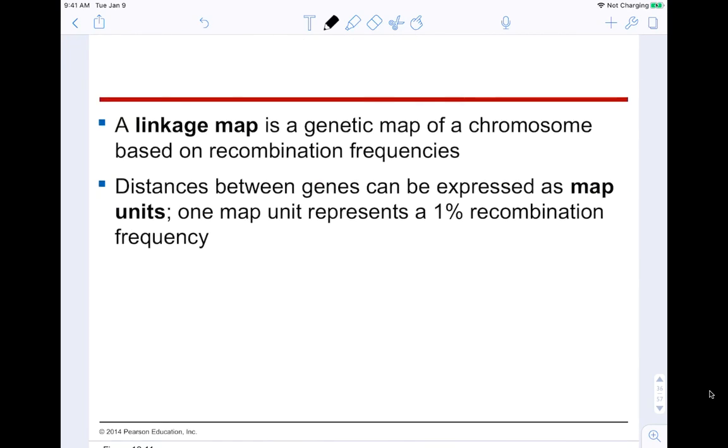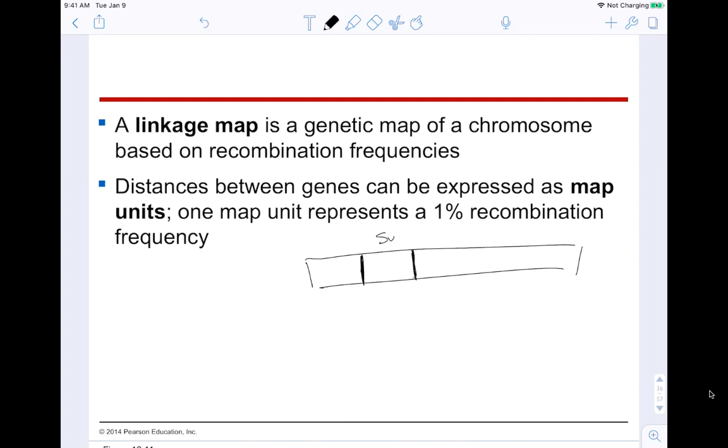Okay, a linkage map is a genetic map of a chromosome based on recombination frequencies, like I said. The distances between the genes can be expressed as map units. One map unit represents 1% recombination. So if I have this chromosome and a gene here and a gene here, and they are 5 units apart, this means they show a 5% recombination frequency.